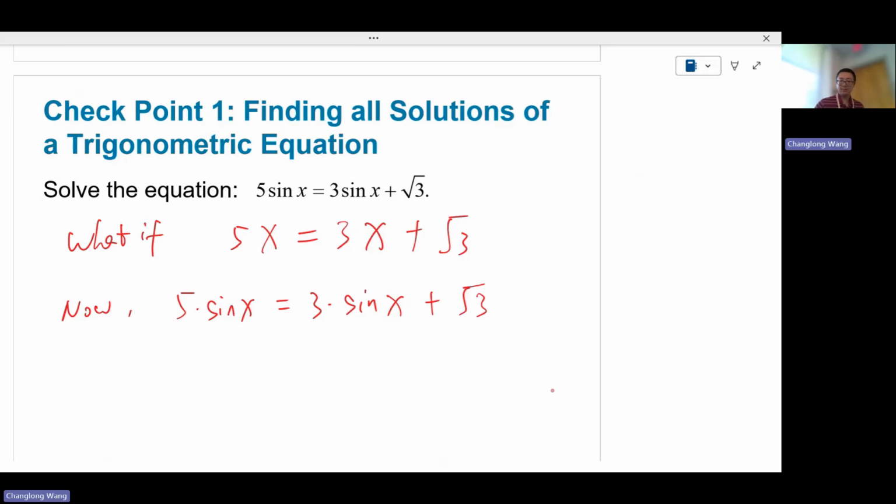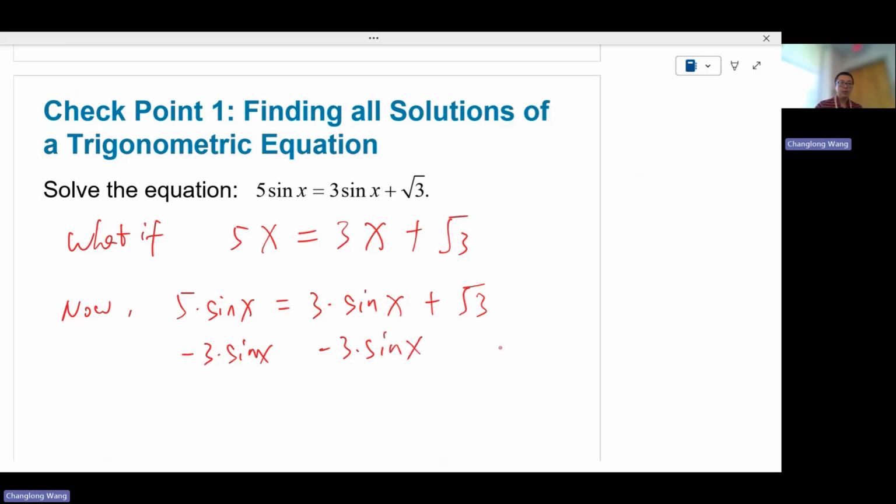Your goal is to get to x, but sine is preventing you from getting to the x right away, right? Well, could you at least isolate the sine x for me, just like you did with the x? How would you do that? The same thing. Let's subtract 3 times sine of x on both sides of the equation, like you always do.